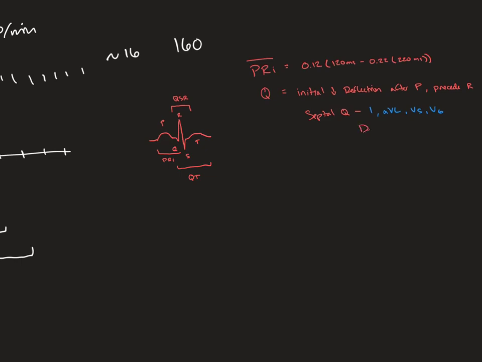This is depolarization of the septum, which makes sense. Because if you're looking at AVL, the augmented limb lead left, you're going to see a negative deflection as the septum depolarizes, because it's moving contrary to the average depolarization. We'll go over that in the 12 lead stuff. I'm going to try to weed out some of the 12 lead stuff for this lesson, because this is just arrhythmia.